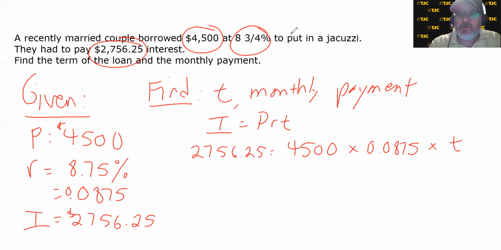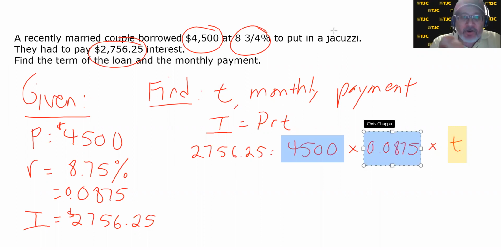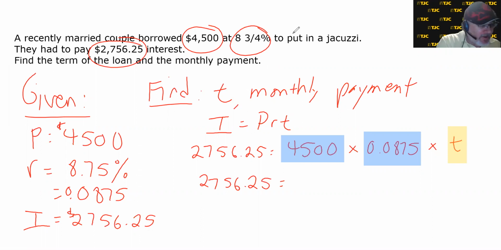And just like the previous ones, we are looking for one of the three values on the right side of the equation. The two that we know can be multiplied and turned into a single value. So let's write the next line by copying the interest again, multiplying 4,500 times 0.0875 to get 393.75.